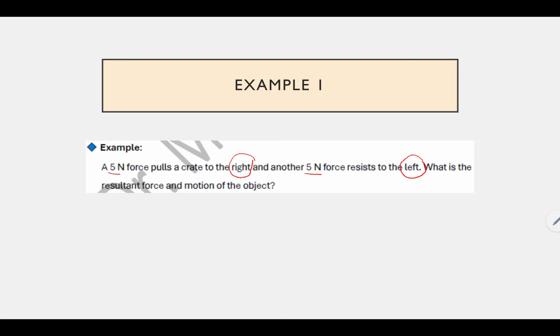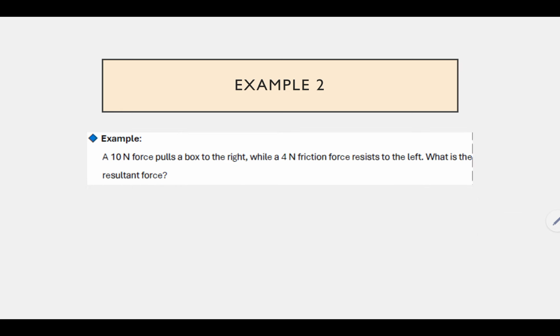They want the resultant force and motion of the object. So they wanted two things, not one. 5 newtons to the right, 5 newtons to the left. So my resultant force will be 0 Newton. So will there be any motion? Nope.